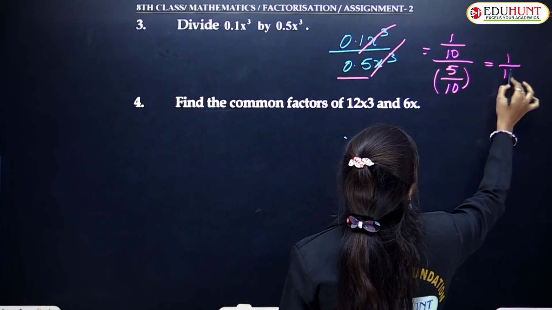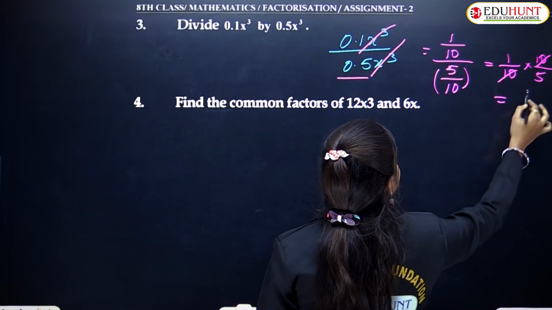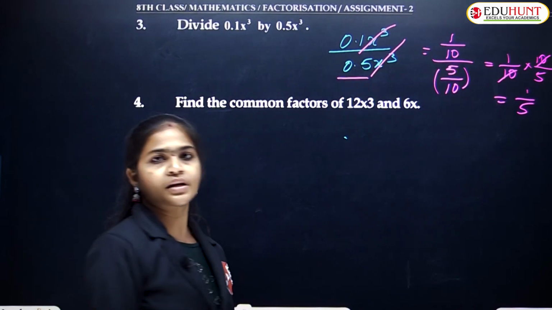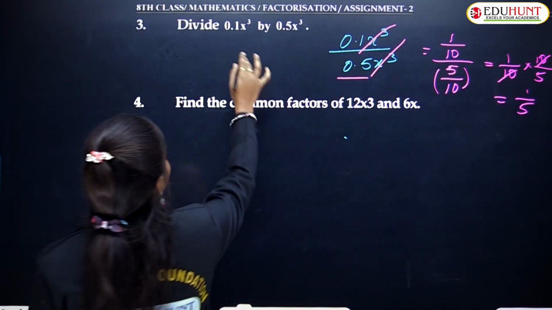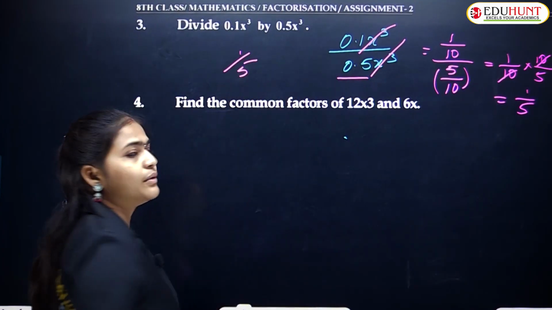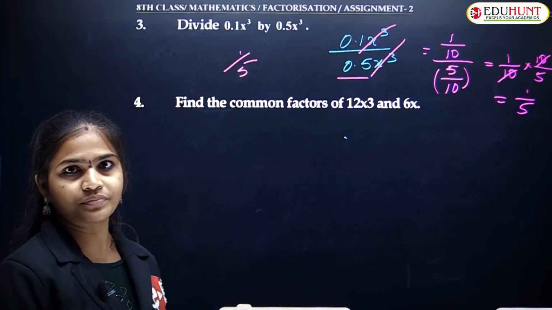So we write it as 1 by 10 into 10 by 5. The 10 and 10 get cancelled, which equals 1 by 5. So after dividing, the answer is 1 by 5.